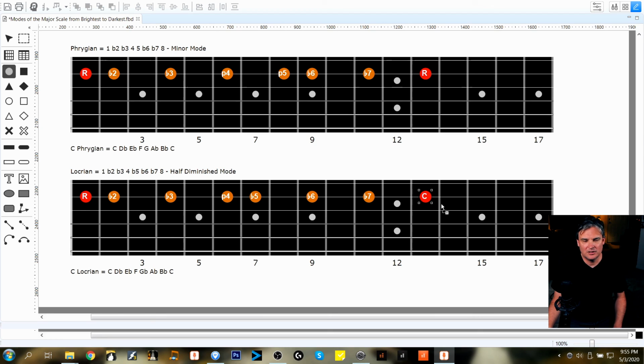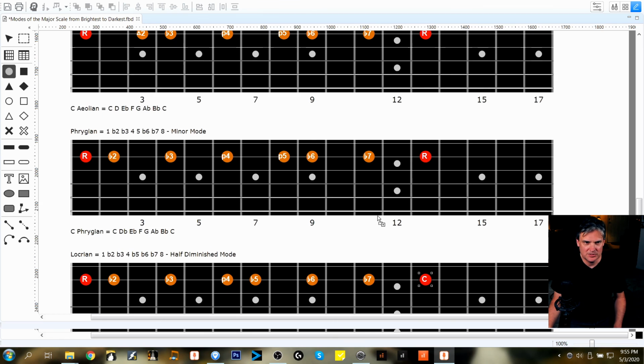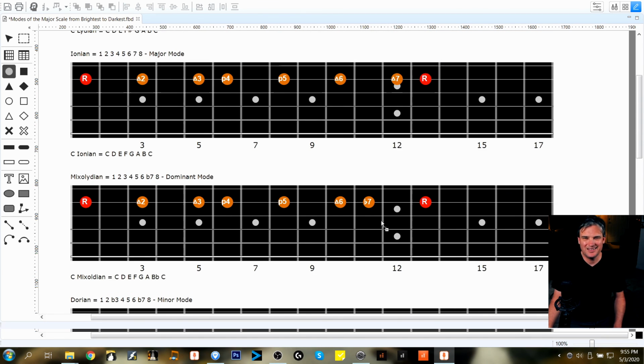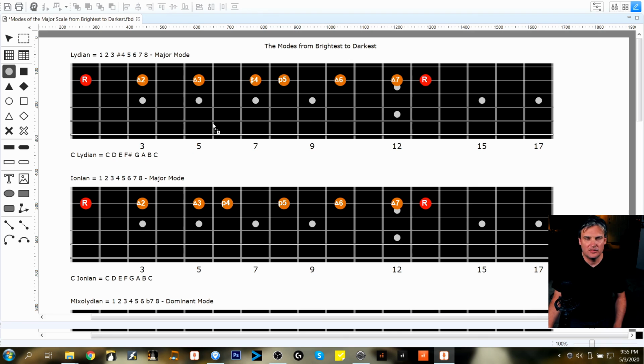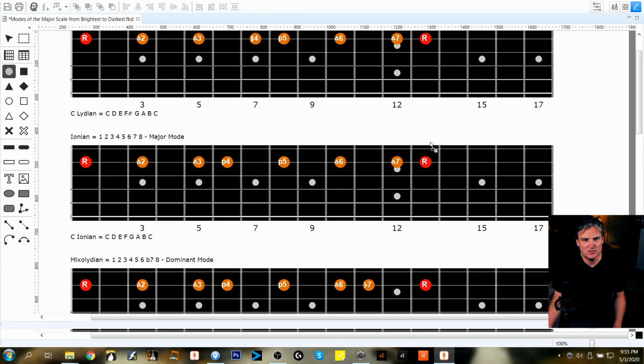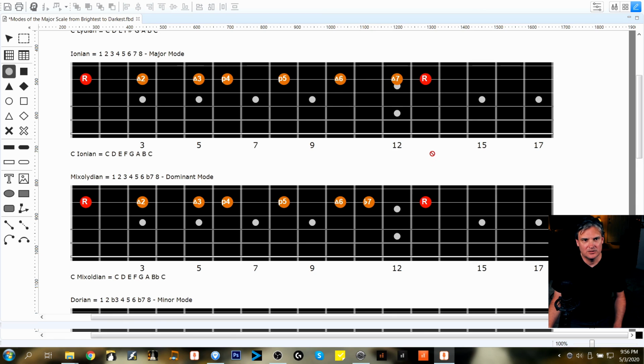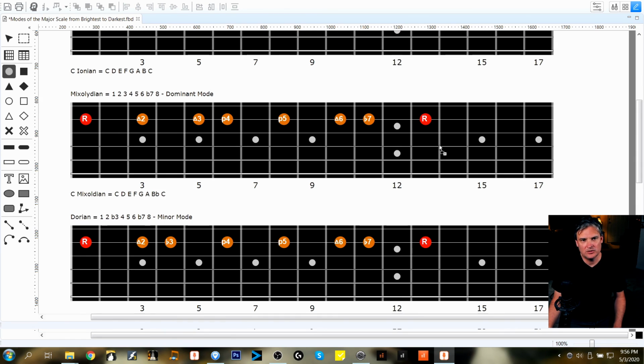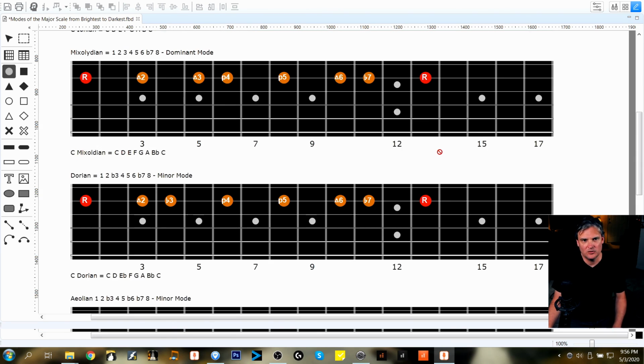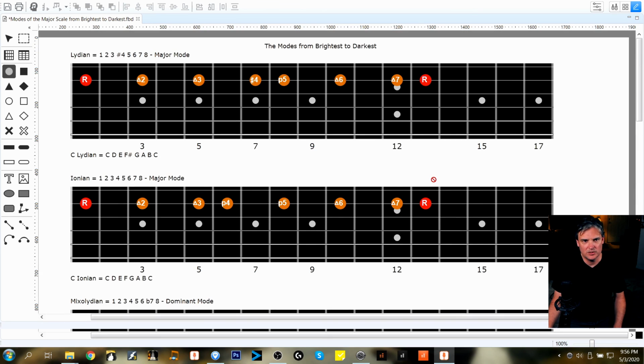But you want to memorize all the intervals of the modes. And a good way to do that, again, is to think about the modes from brightest to darkest, because in doing so, you notice that as we move along, there's one change made to every mode, or to each mode as you go in this sequence.